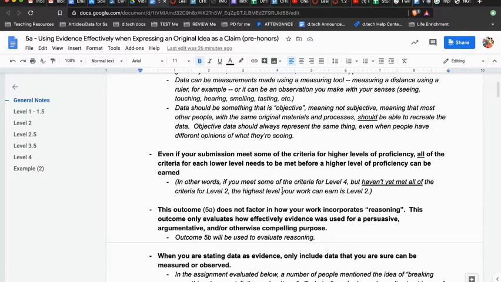But that's just really to make sure that we go back and we focus on those fundamentals that are in the lower levels. If you're doing level 3 and 4 things, but there's some fundamentals from levels 1 and 2 that are not being done effectively, then what you're doing at level 3 and 4 is not going to carry much weight.